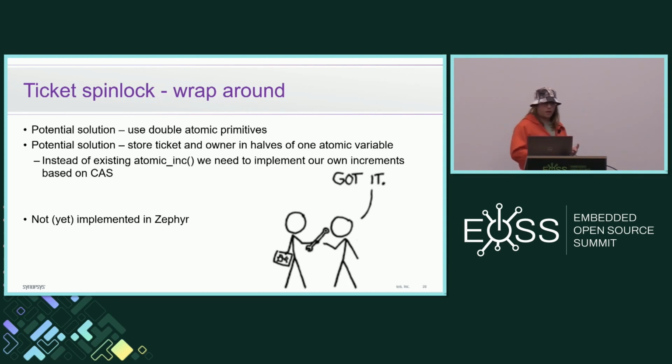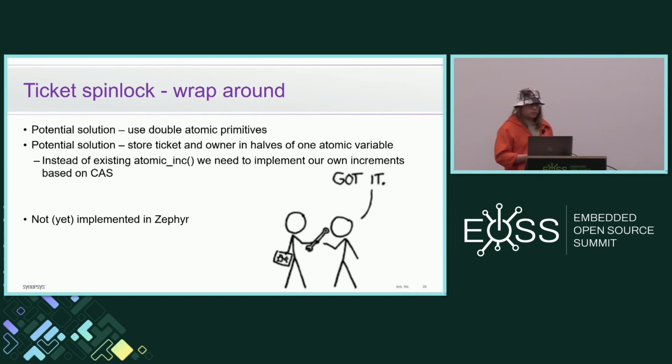So how can we fix that? There are multiple possibilities. We can use double atomic instructions to access both variables simultaneously, so it will be just one atomic access. But we don't have such an API in Zephyr, and most likely not all the architectures which support SMP in Zephyr have such instructions in hardware.